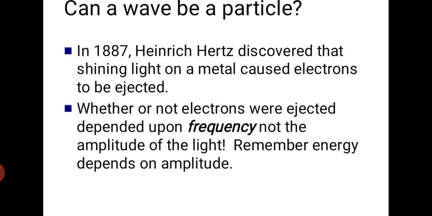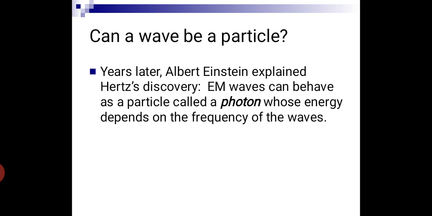As per wave theory, energy of light depends upon amplitude, not on frequency. But Heinrich Hertz observed that ejection of electron depends upon frequency, which shows wave as a particle.